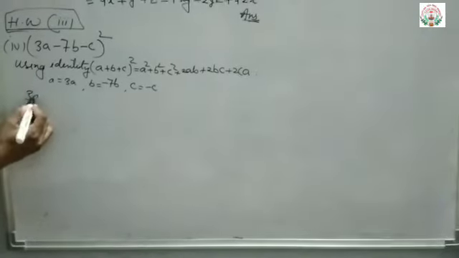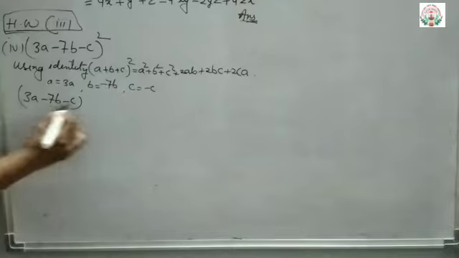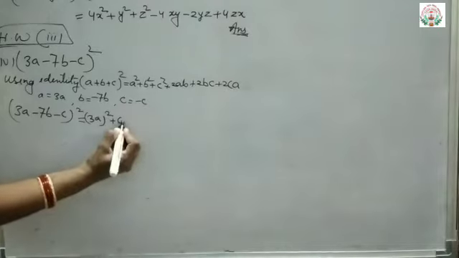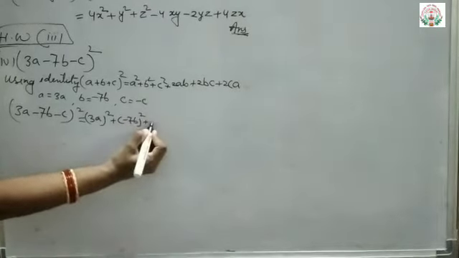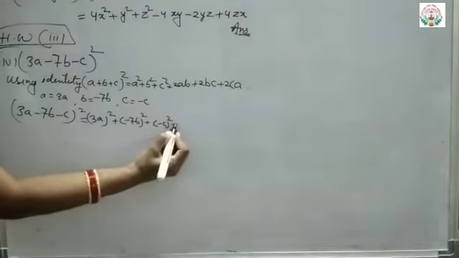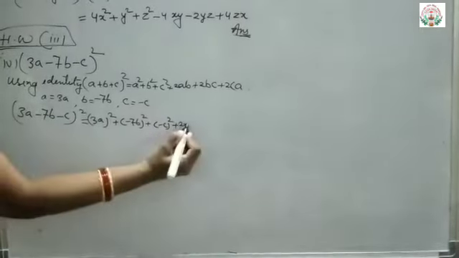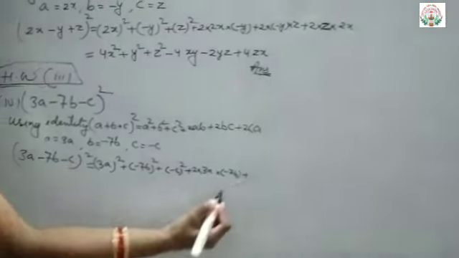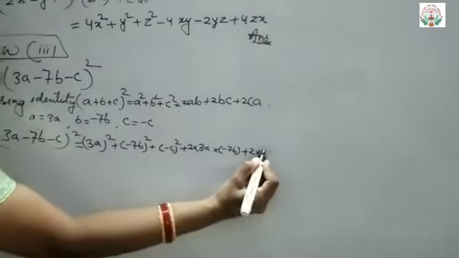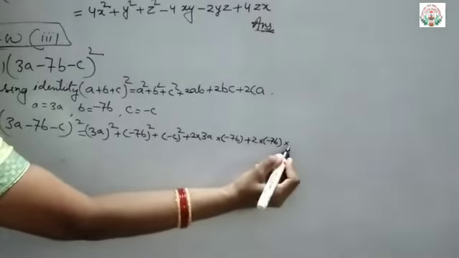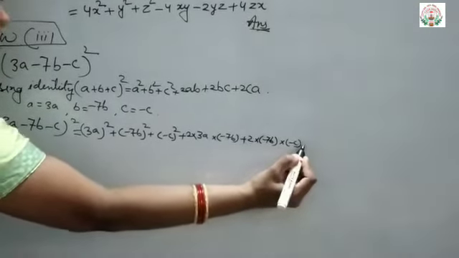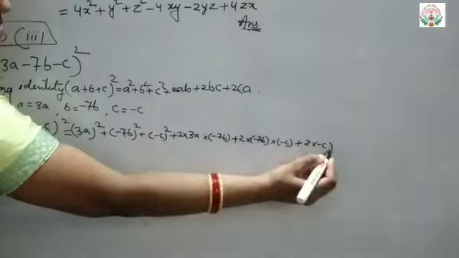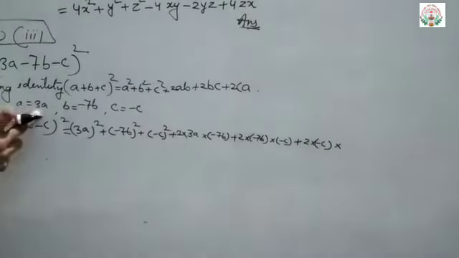Now what is it? 4a minus 7b minus c whole square equals to 4a whole square plus minus 7b whole square plus minus c whole square plus 2 into, what is a? 4a into minus 7b, then plus 2 into minus 7b into minus c, and then plus 2 into, what is c? Minus c into what is a? 4a.